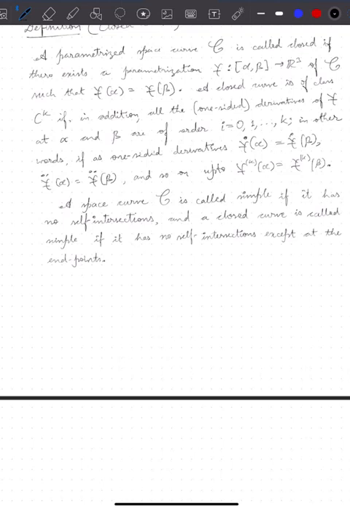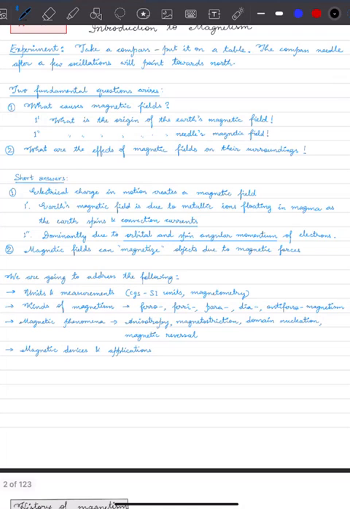So this is a pretty long definition, but that's how it is.